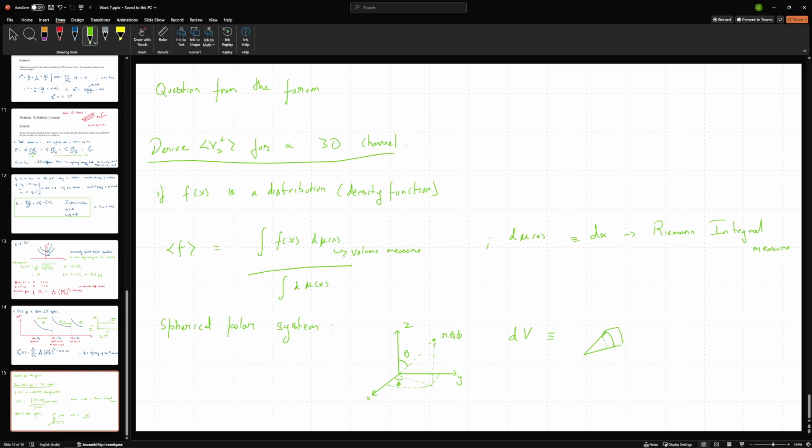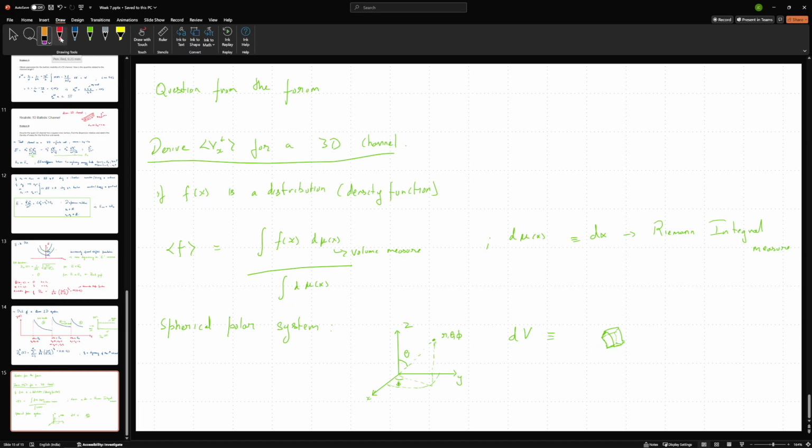This right here is the quantity whose volume I want to measure. Similarly, this is going to go inwards, and I'm going to have this, and this. So this is a chunk of a sphere.